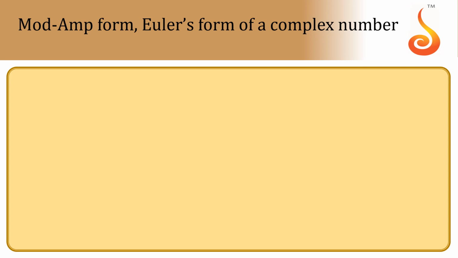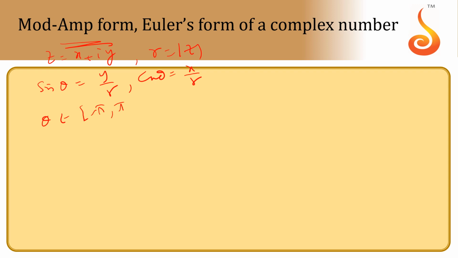You know that modulus means distance from origin to the complex number, and the amplitude means: if x plus iy is the complex number and r is the modulus, then sin theta equals y by r, cos theta is x by r, theta between minus pi to pi.